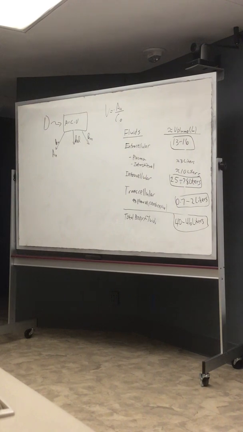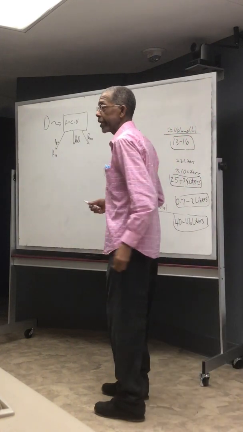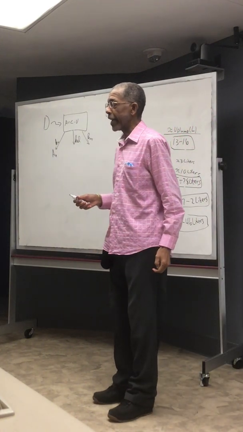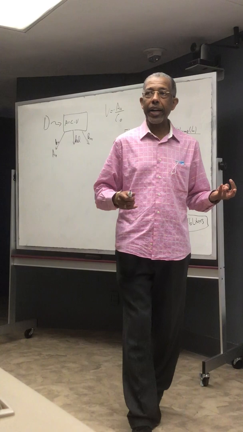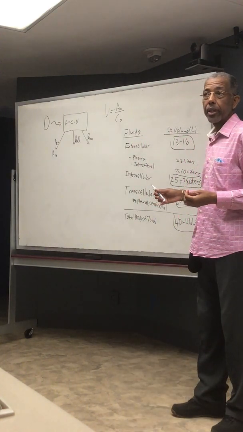Now another couple of things here. Think of this in terms of the distribution aspect of the ADME system. What effect would it have, and we talked about this in class before, if I decrease protein binding in the plasma, like a drug binding to albumin, what effect would that have on the volume of distribution? It would increase.